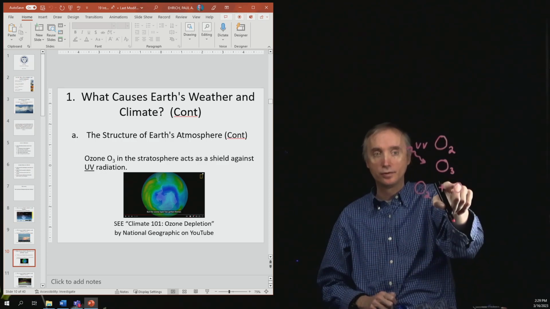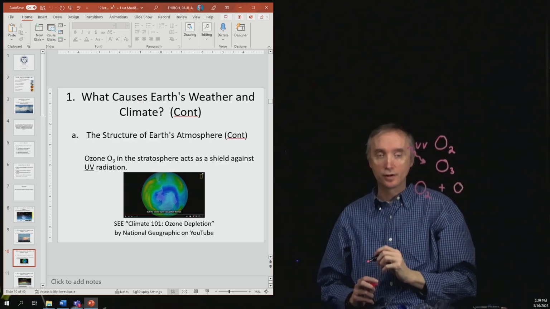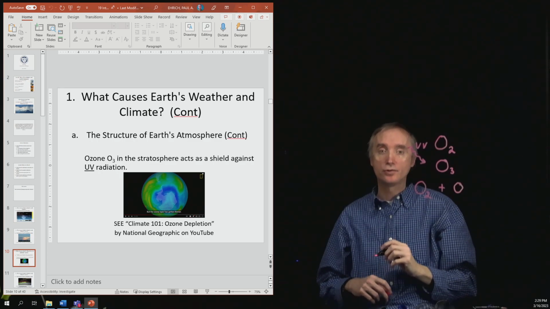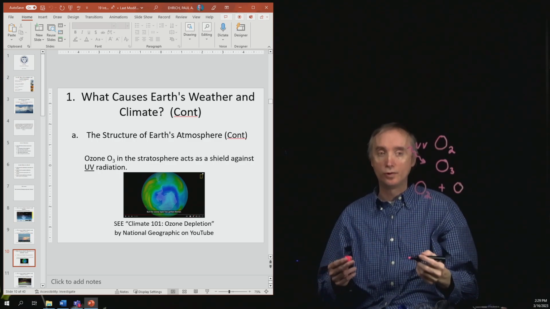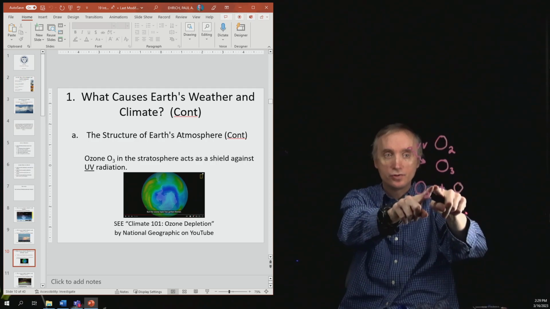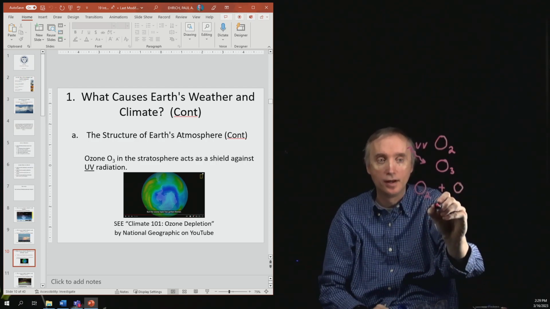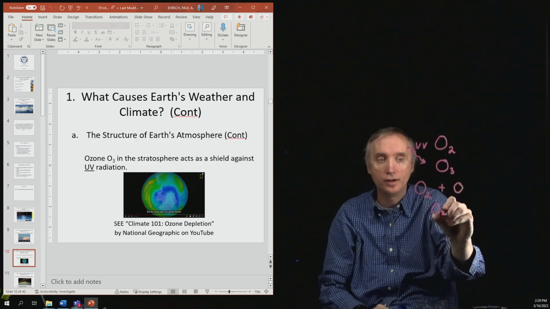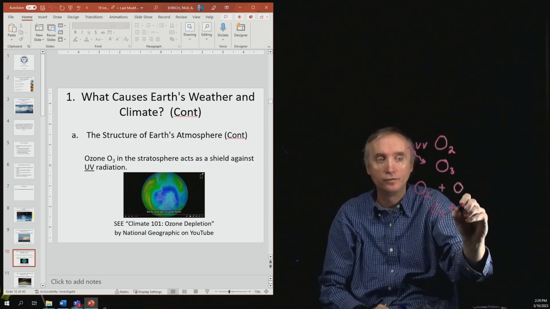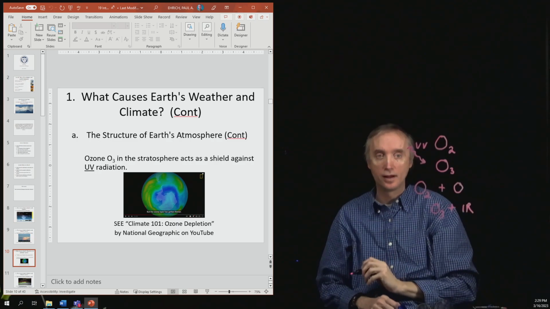This other atom of oxygen is very reactive, so given enough time, those two will go back together again and turn back into O3, and it will give off infrared light.